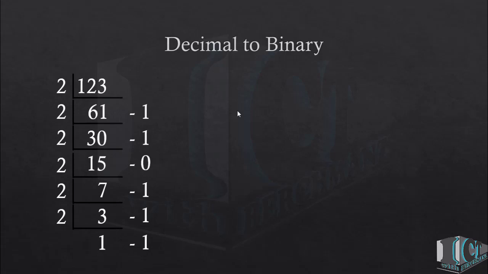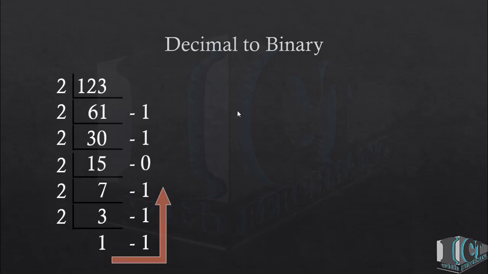So 1 is less than 2, it cannot be divided further by 2, so I am going to stop here. When I cannot divide the value by the base, I stop, and from there onwards I write all the remaining values from bottom up.